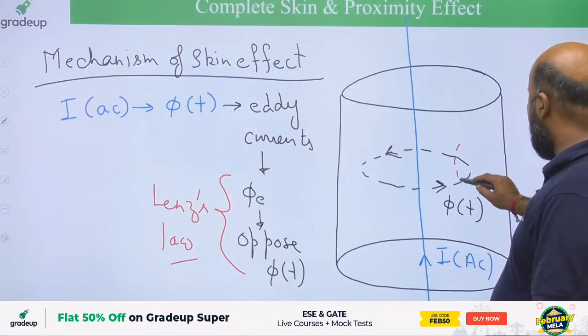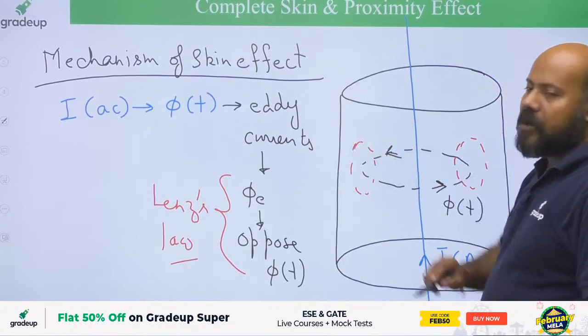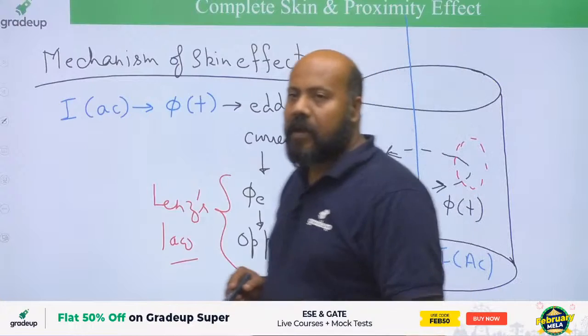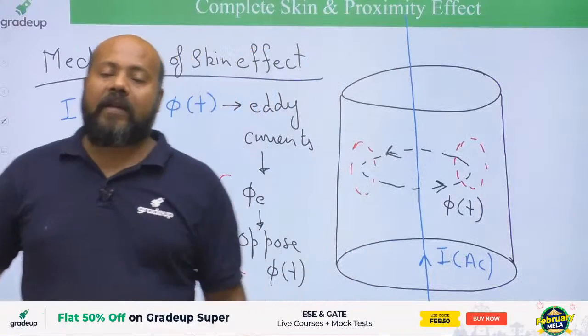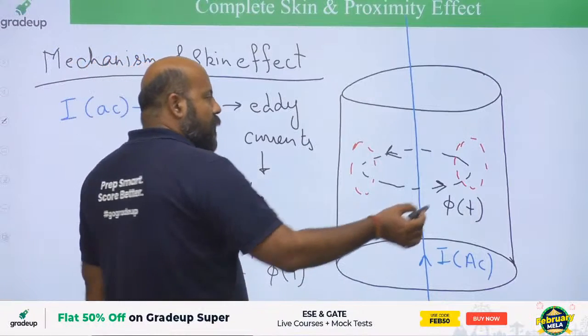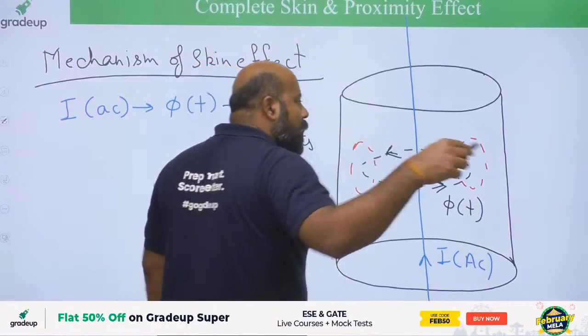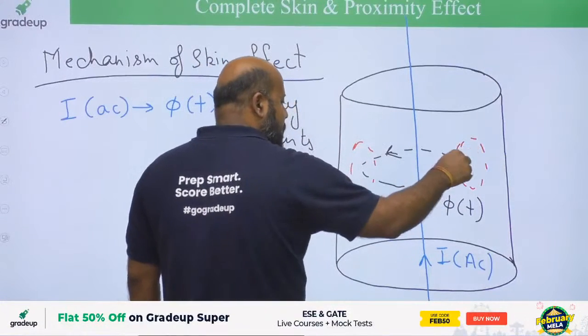Suppose we are saying that eddy currents are generated like this. These are the eddy currents generated in two different parts of the conductor. How are we going to find the direction of these eddy currents? Let us try to understand. If you see this part of the conductor, this main flux is going into the plane of the screen.